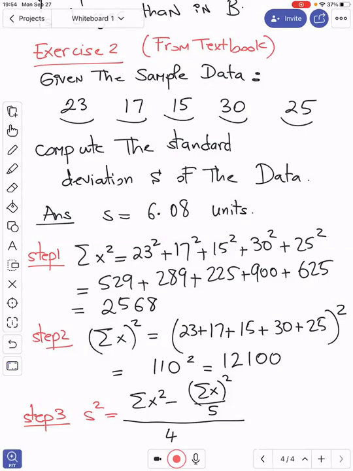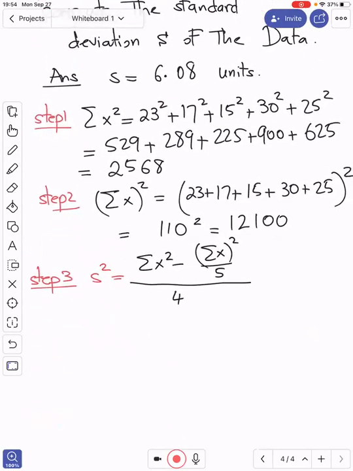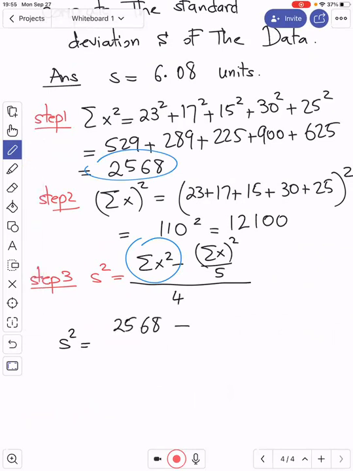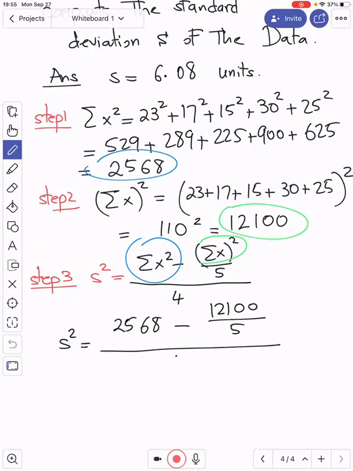So your S squared is the sum of the squares from the first step, that's 2,568, minus the square of the sum from step number 2, 12,100, over 5, and then the whole thing divided by 4.